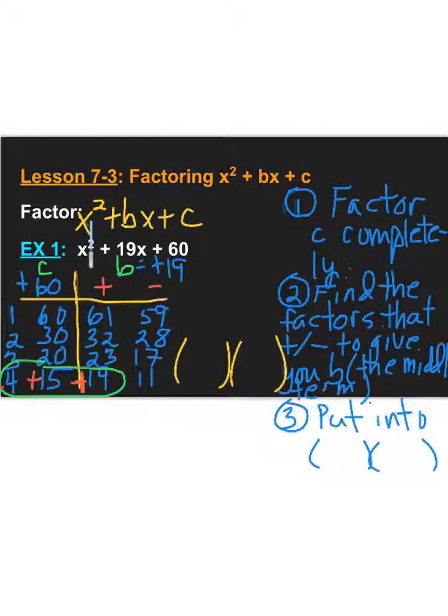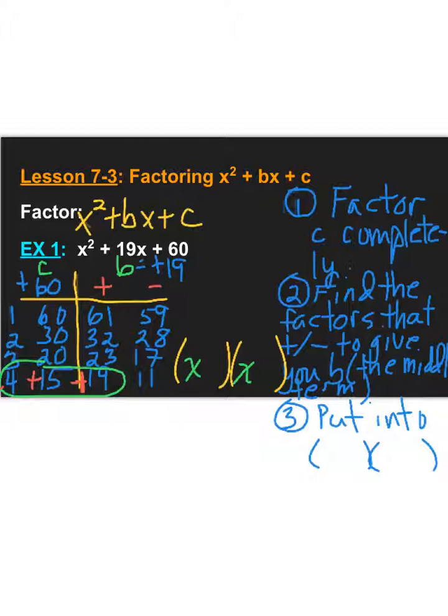So x squared has to be broken up into two things. The only two things that will multiply to give you x squared would be x and x. So I am going to take x squared and break it down into x and x.